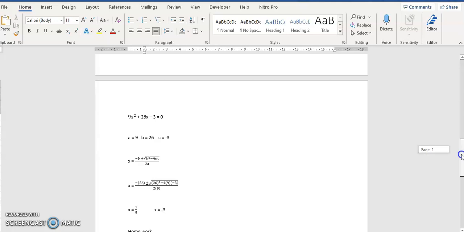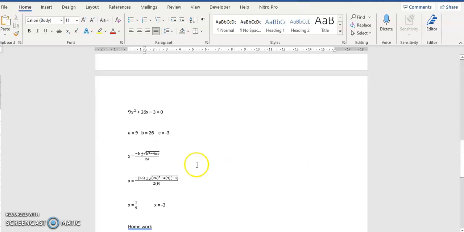Let's substitute 26 for B, minus 4, your A is 9, your C is minus 3, divided by 2, your A is 9.